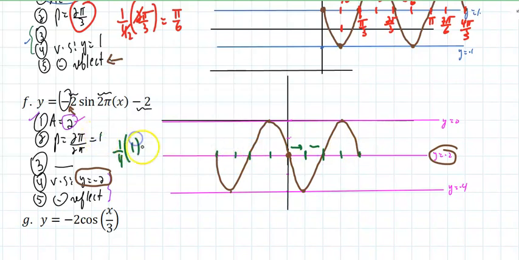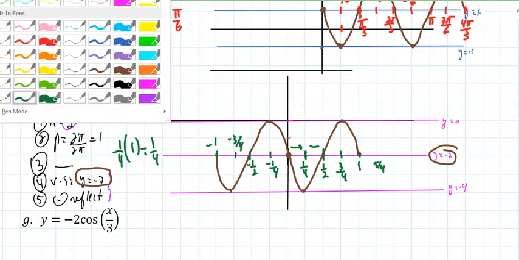The period is 1. That's 1/4. This is 1/4. This is 2/4, 3/4, 4/4. If I wanted to go on, 5/4, and so on. To the left, you added 1/4 to the right. To the left, negative 1/4, negative 2/4, negative 3/4, and negative 4/4. And there it is.